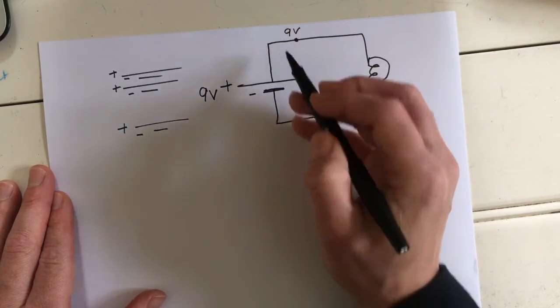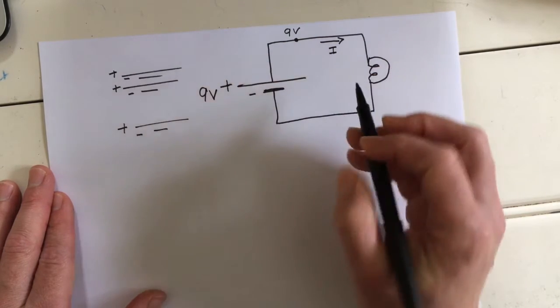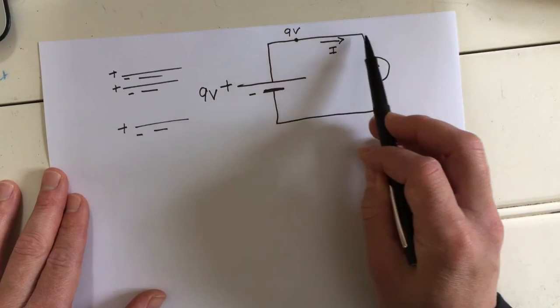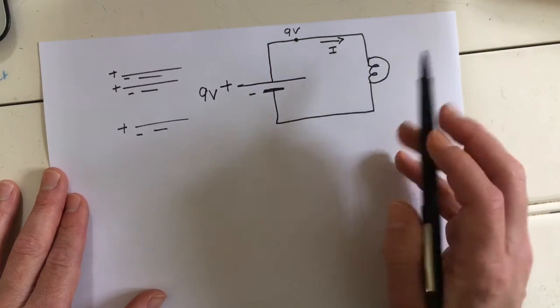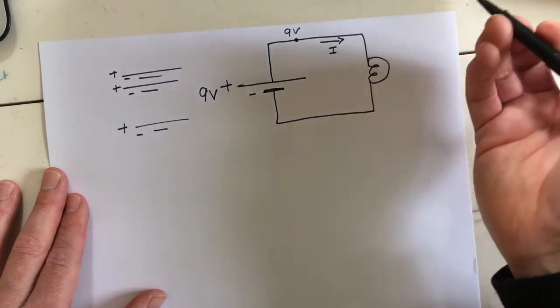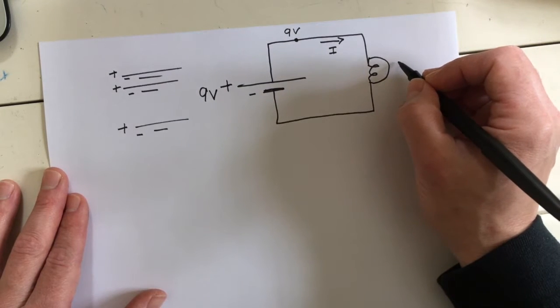And then this charge, because current is directed this way, we'll talk about that in a second, is going to move here through the bulb, and the bulb's going to have a resistance. Maybe the bulb is, I don't know, I'll just make something up, a 4 ohm resistor.